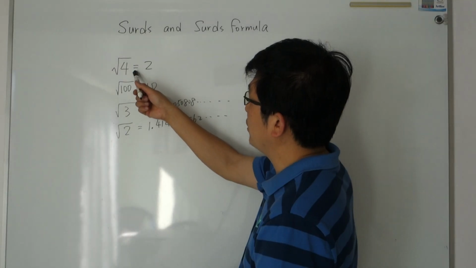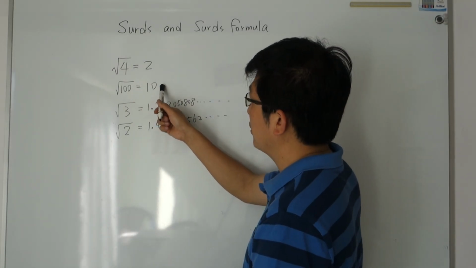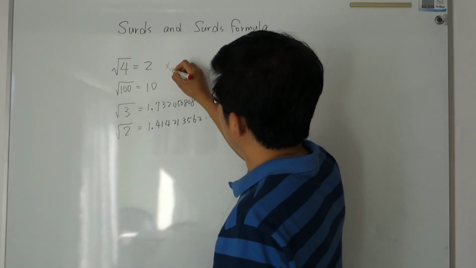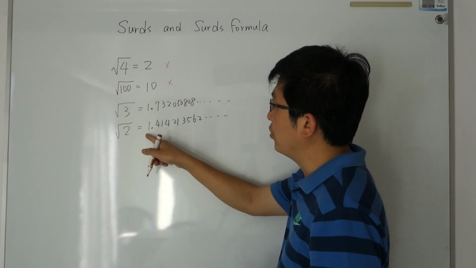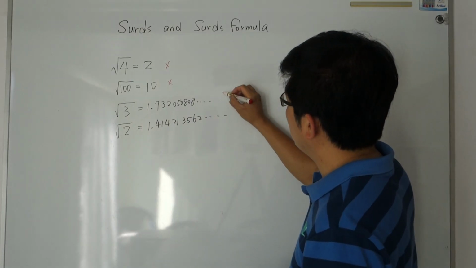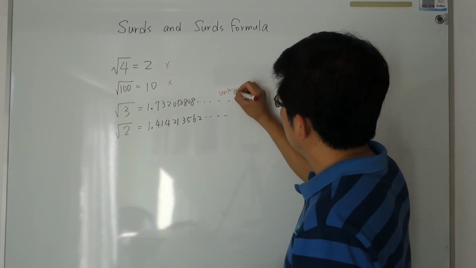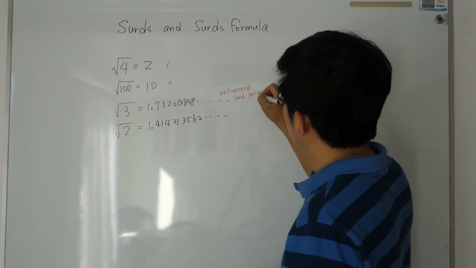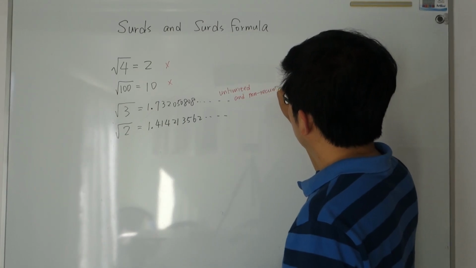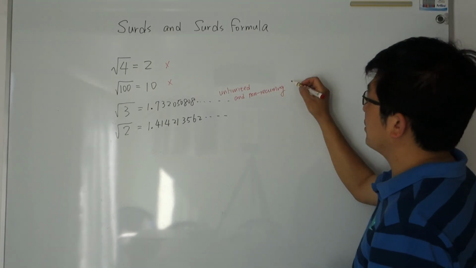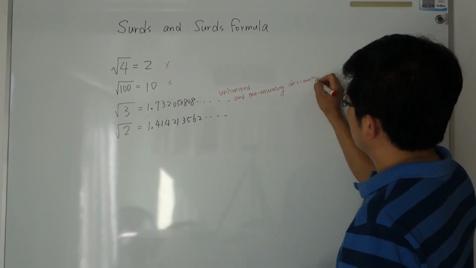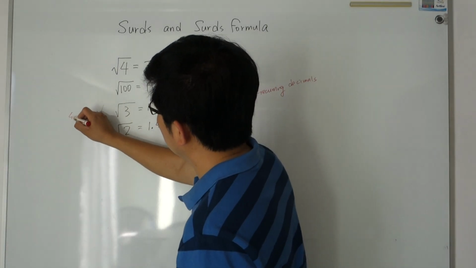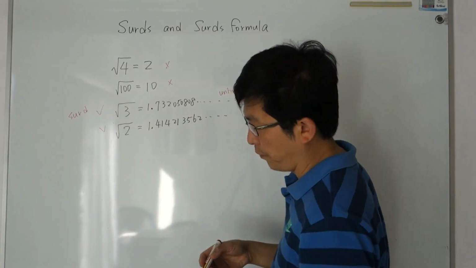For these two, we get an integer answer, so these are not surds. And for these two, because the answer is unlimited and non-recurring, a non-recurring decimal, we call these surds.